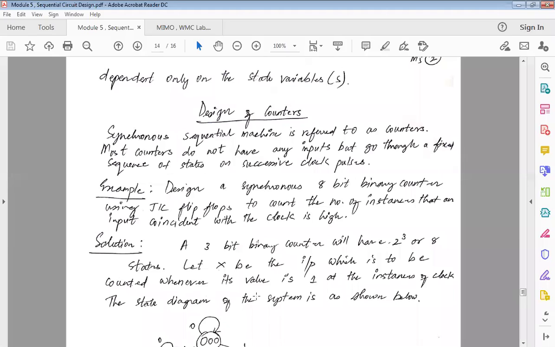Will it be easy for all of you to get it implemented in SR flip-flop? What changes do you have to do? What changes do you all have to incorporate? Yes, go ahead, Sayan.